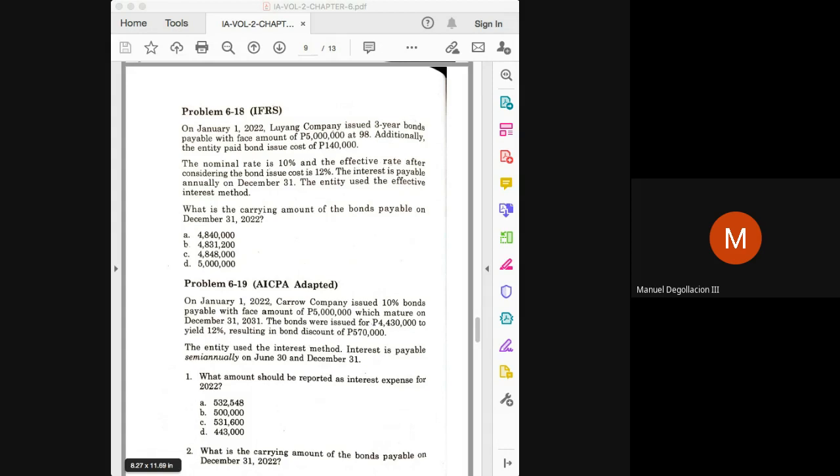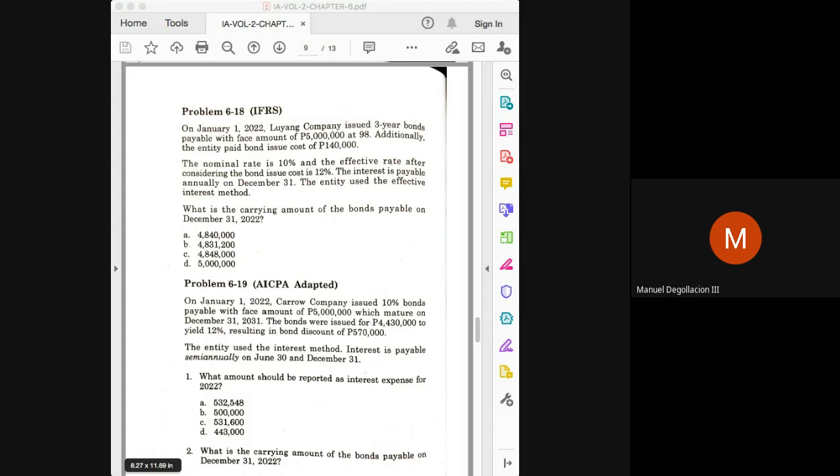And this is now your initial carrying amount. This would be the main challenge for you in this problem, if you will be able to get the initial carrying amount. So the first question here should be how much is the initial carrying amount of the bond, and our answer would be 4,760,000.